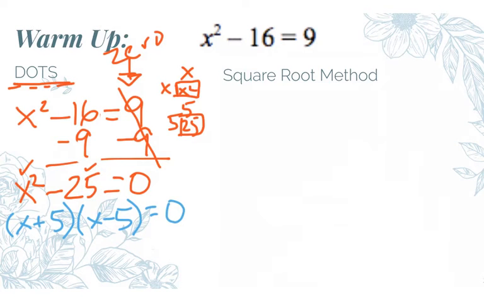Now, remember the ZPP, the zero product property, says that I can take either parentheses and set it equal to 0. This does not work for any other number but 0. So I've got x plus 5 equals 0. And then I'm going to do this one over here, x minus 5 equals 0.